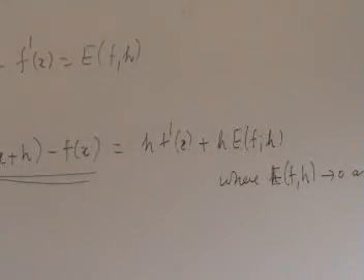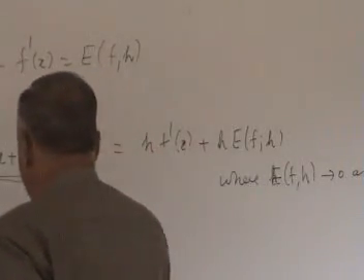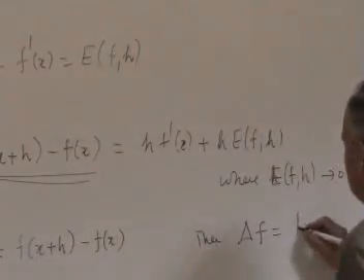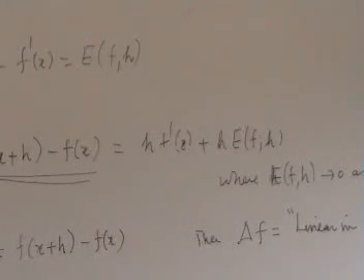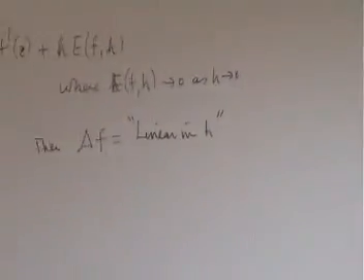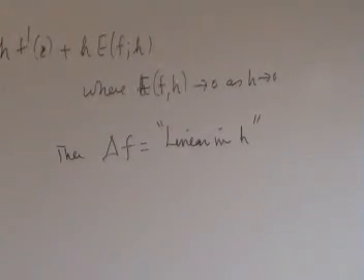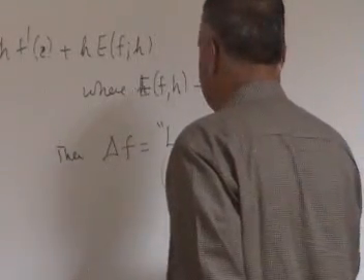So if I call f(x plus h) minus f(x) as some delta f, then delta f is equal to linear. What do I mean by linear? If I plot it as a function of h, it's a line, but a line passing through the origin because it is of the form k times h. So when I say it is linear, I mean linear, and I will call it L of h.